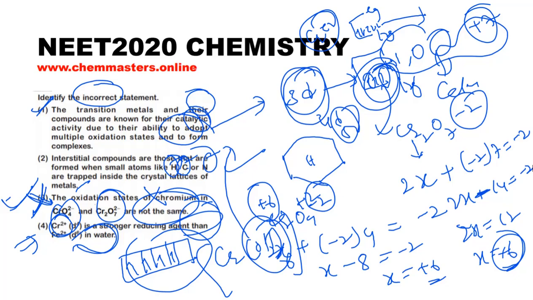In that case, chromium plus 2 is ready to lose 1 electron to become chromium plus 3 in aqueous solution to be stable, according to Hund's rule. So chromium plus 2 is considered a stronger reducing agent.